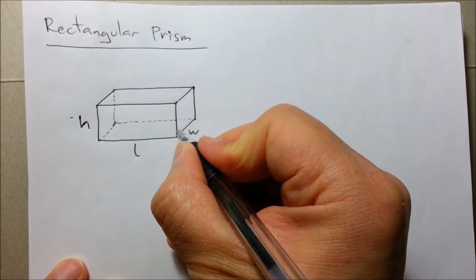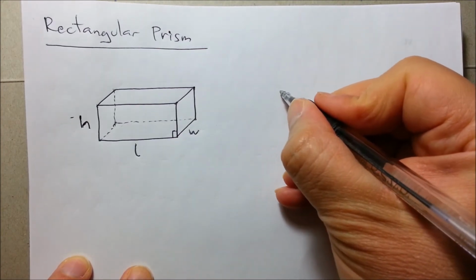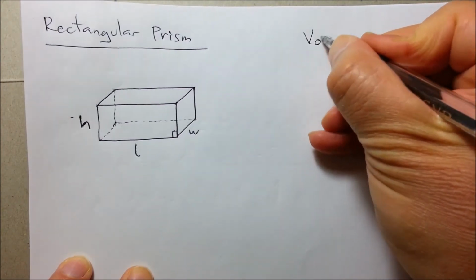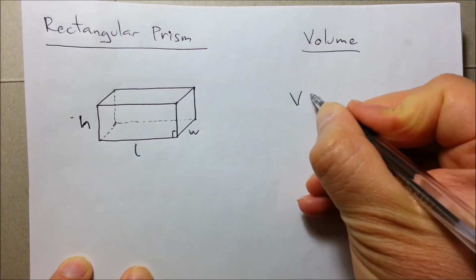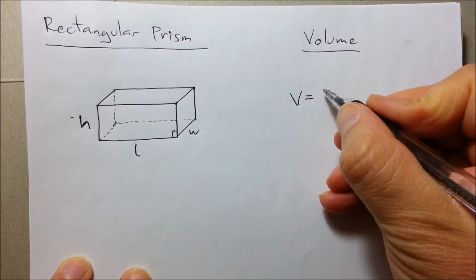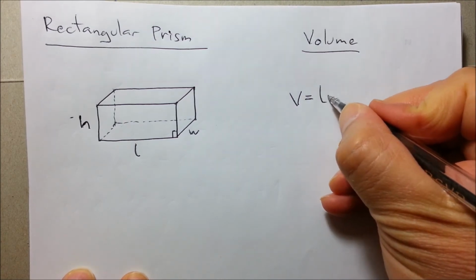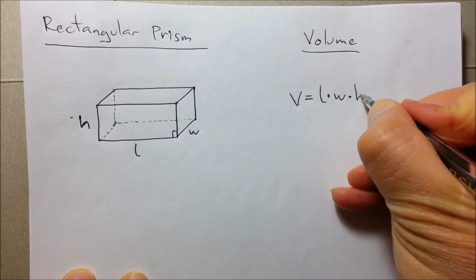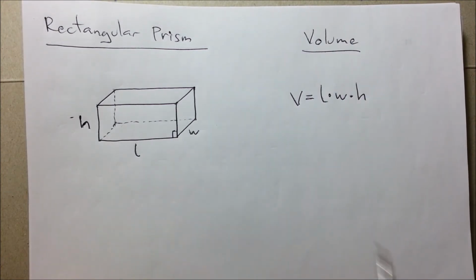By the way, all of these are of course 90 degrees. What's the volume of this rectangular prism? We are very familiar with this shape: length times width times height. In other words, the area of the base times the height.